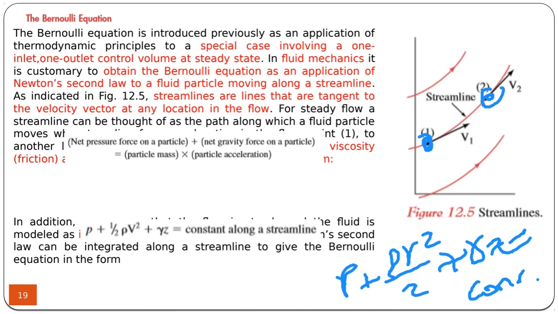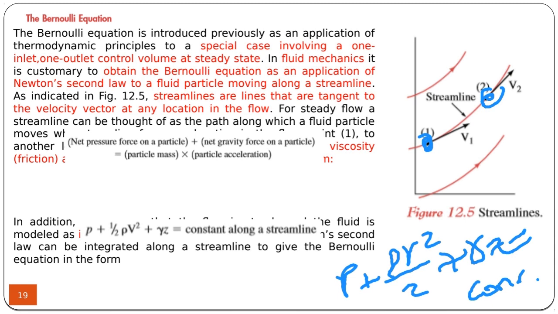According to the Bernoulli's equation, if it's a frictionless flow, then the total energy of the fluid is constant. This is the total pressure, but pressure is another version of energy. You can write this as pressure as well in another form.